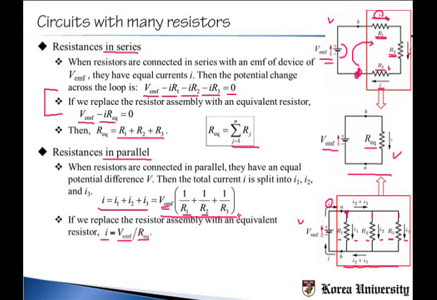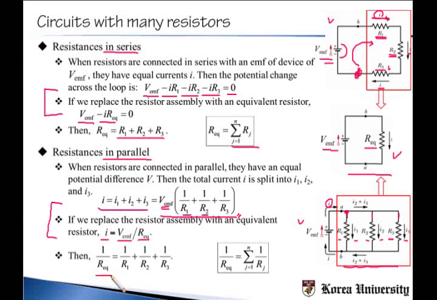Okay, and then similarly as we had done, try to compare these 2 equations, and our job is figuring out what REQ is in this case. And then you can figure out that the relationship between REQ and all the resistors R1, R2, R3 can be written in this fashion.